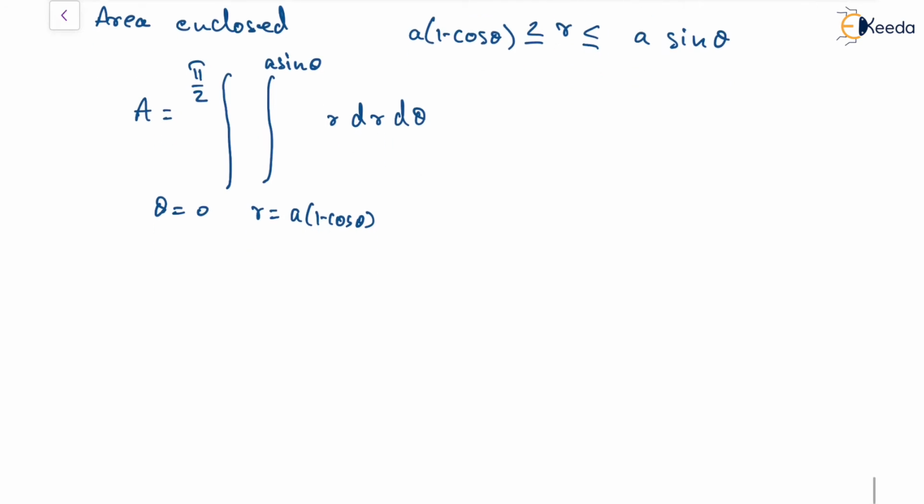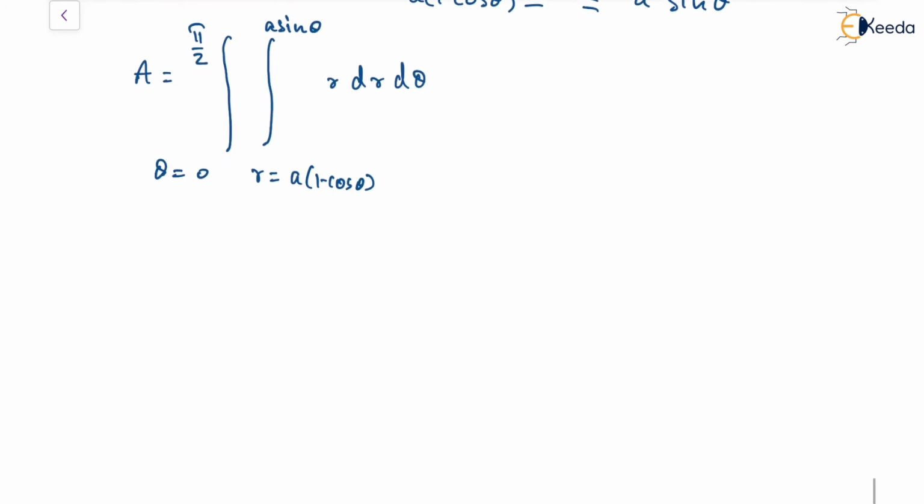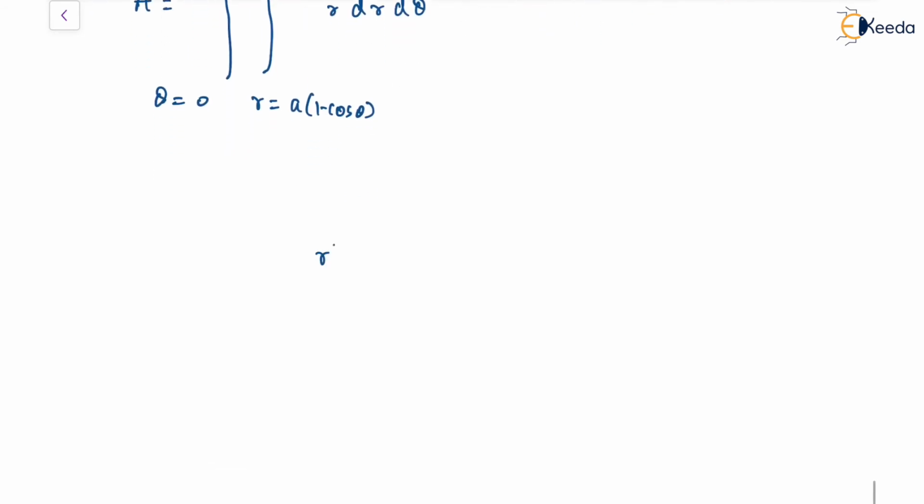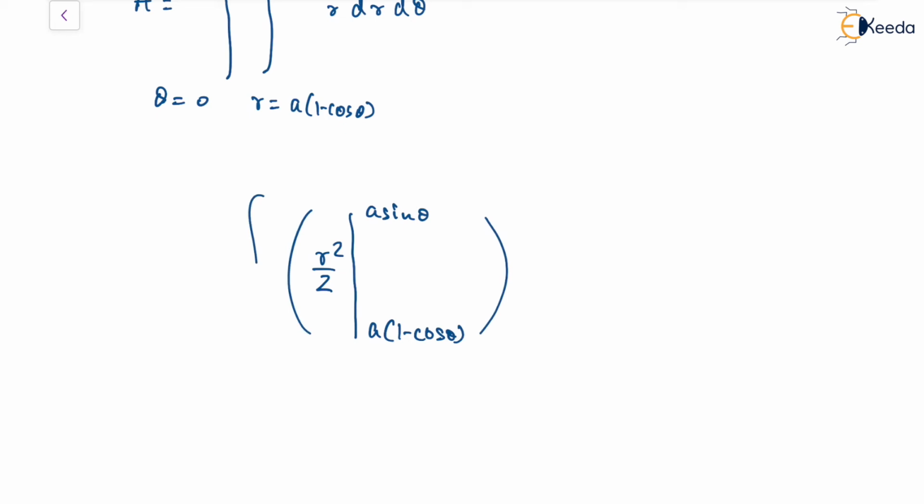So we need to integrate this to find the area enclosed. First of all, the first integration is in terms of r. So r dr will become r square by 2 with the limits a times 1 minus cos theta and a sine theta. Whatever comes here should be integrated with respect to theta with the limits theta equal to 0 to pi by 2.